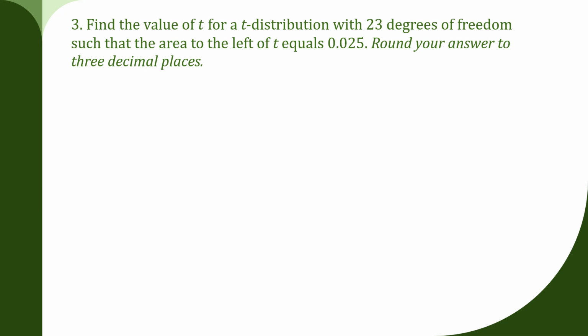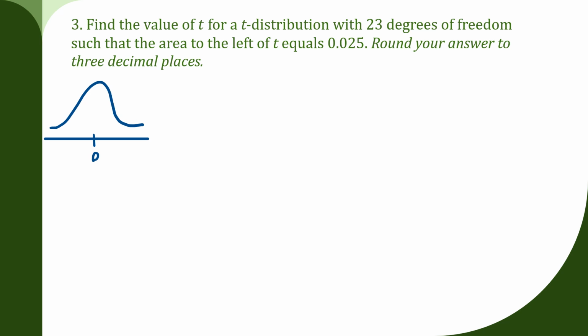Now we're going to get into some problems where you don't have to identify the graph. We're just going to draw the picture of the graph ourselves. It says, find the value of T for a T distribution that has 23 degrees of freedom, and the area to the left of T is 0.025. So we're going to draw our little picture of our t distribution.